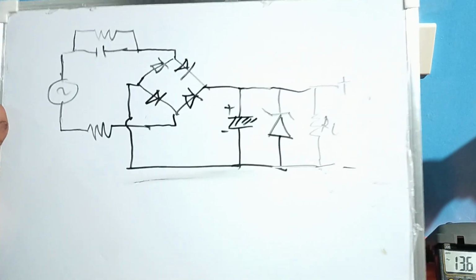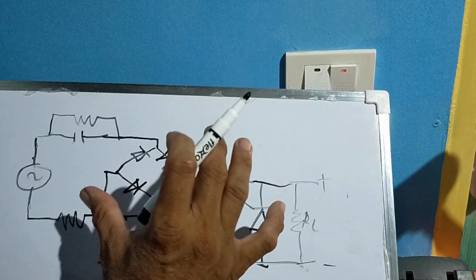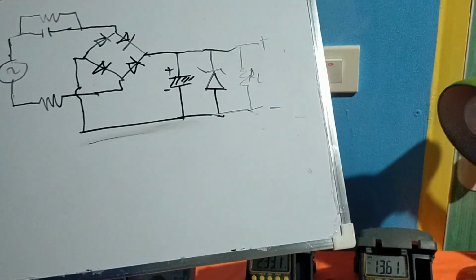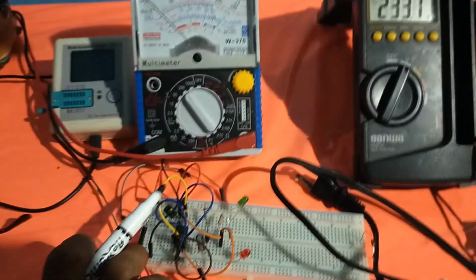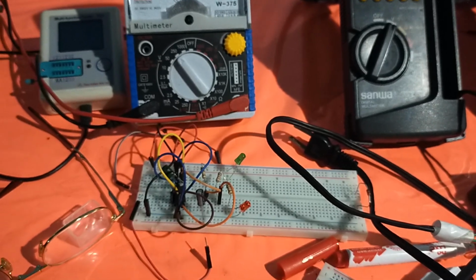So we have here the necessary electronic components for the circuit. At first, before we assemble the circuit, it is very important for us to determine the amount of voltage to be supplied to the load. This appliance protector circuit needs 12 volts.